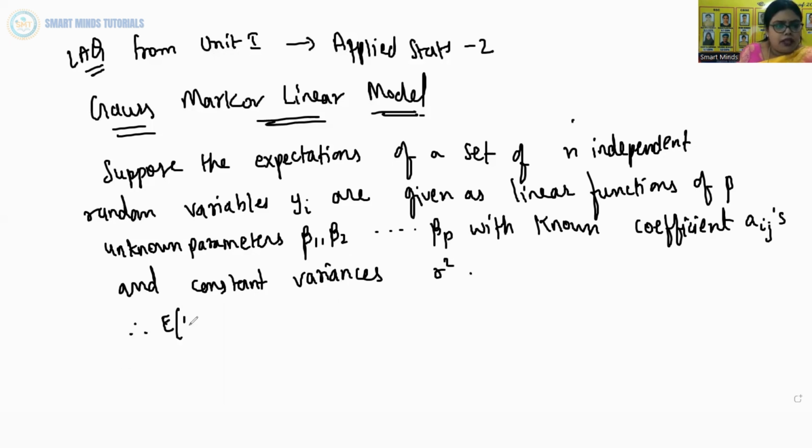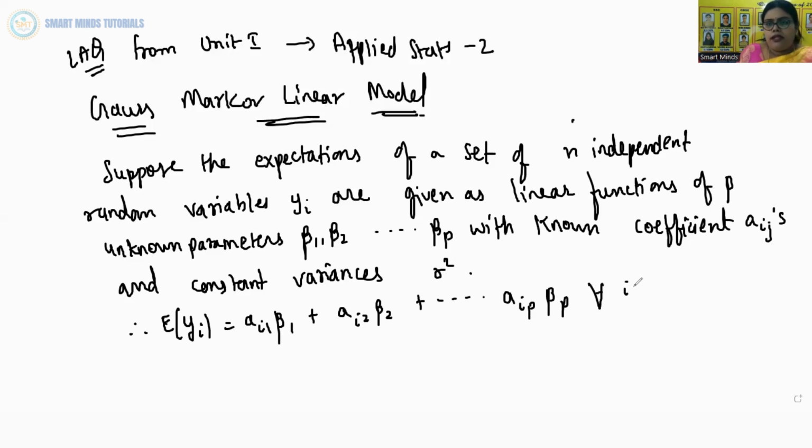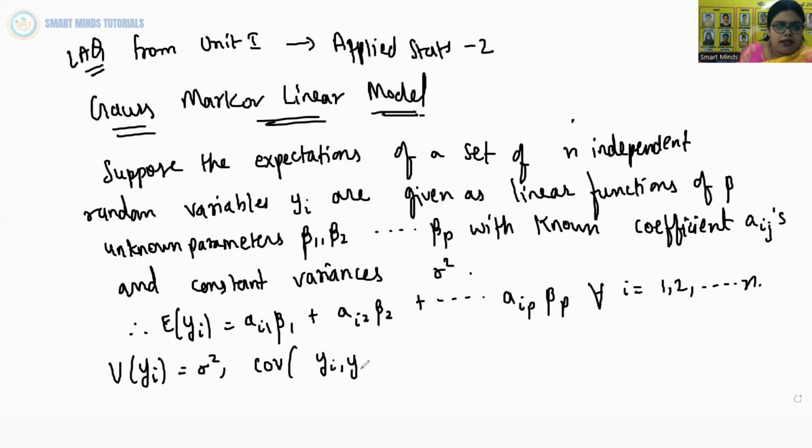Therefore, E of yi is equal to ai1 beta 1 plus ai2 beta 2 plus so on up to aip beta p, for all i equal to 1, 2, so on up to n. And V of yi is equal to sigma square, covariance of yi comma yi dash is equal to 0 such that i is not equal to i dash.